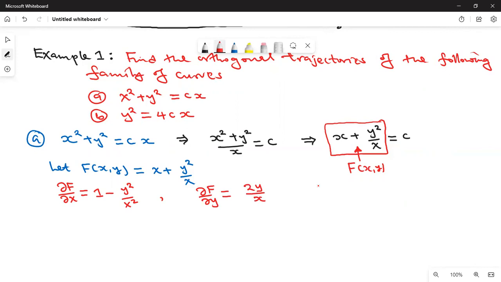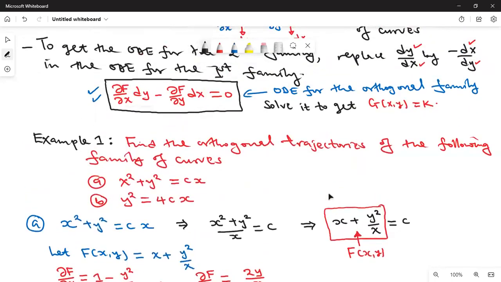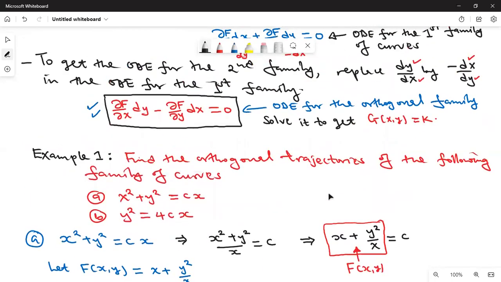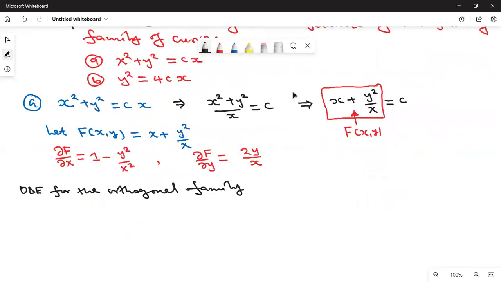So now the ODE to be solved, our ODE for the orthogonal family. Look at the equation that you need to solve. It is this one that I've bracketed. So I'm going to substitute those partial derivatives. Fx dy minus fy dx is equal to 0.